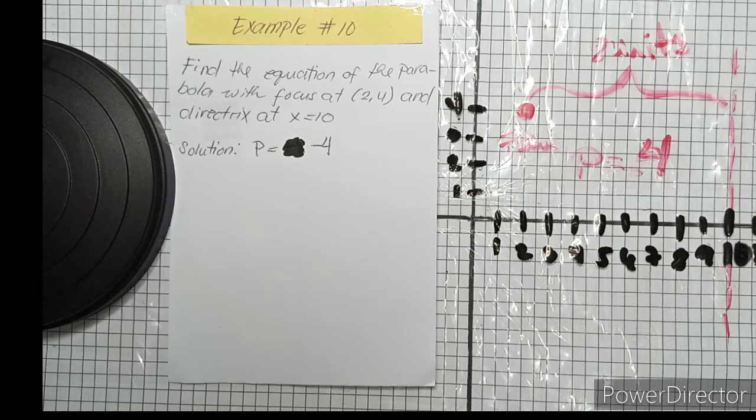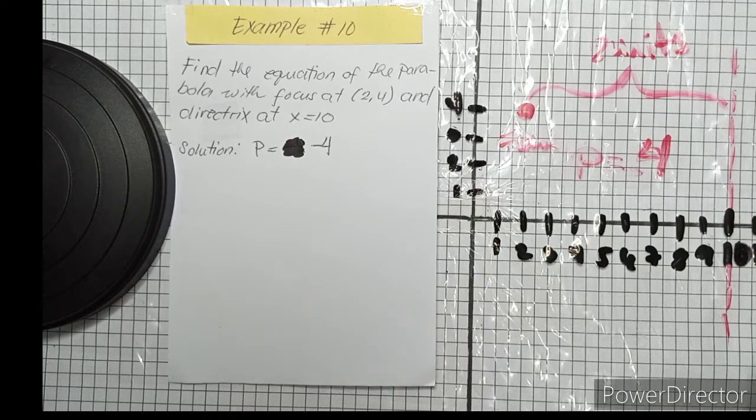Now, kunin na natin yung ating vertex by counting yung distance from the focus going to our vertex. Okay? So, magka-count tayo ng 4. Depende sa'yo kung from focus ka or from the directrix ka.